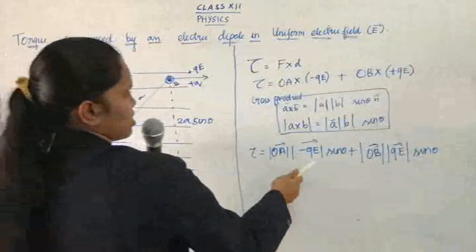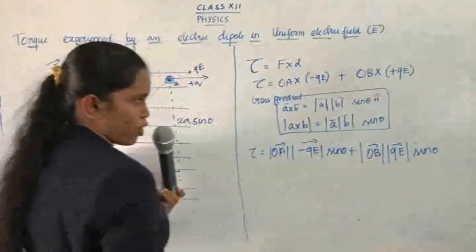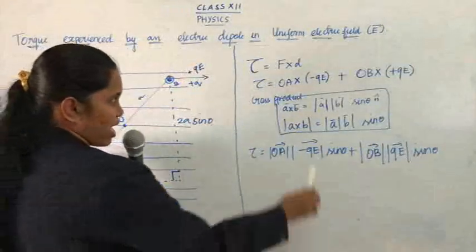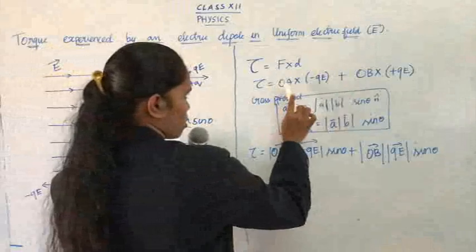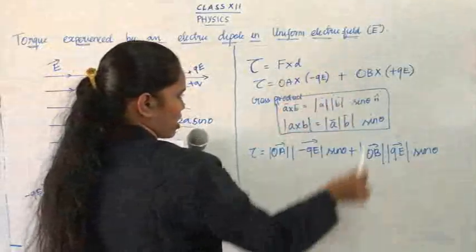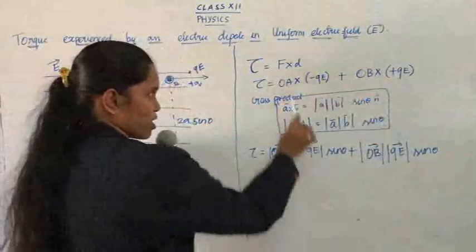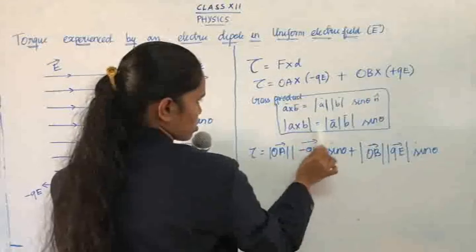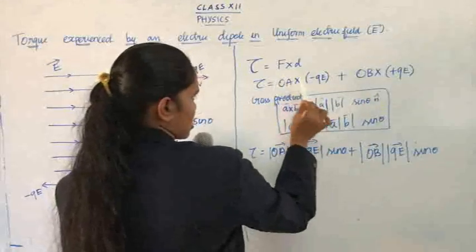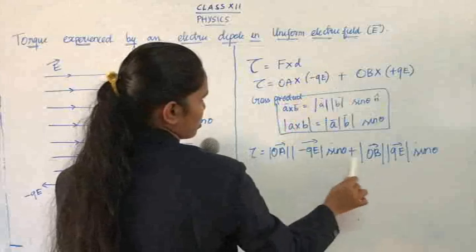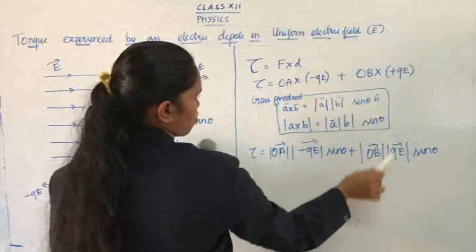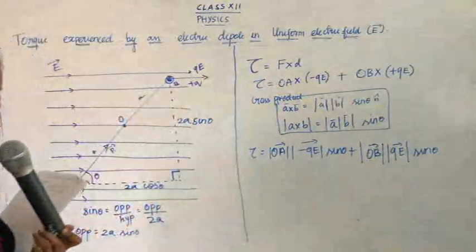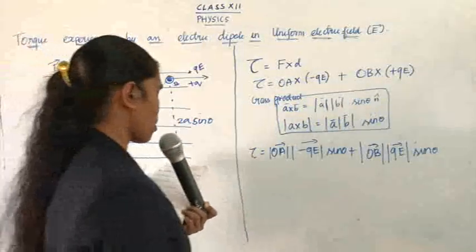Okay, you understood? This is the cross product, and we are writing this formula, A cross B. Take this as A and this as B. Write it like this. This formula is substituted in this method.